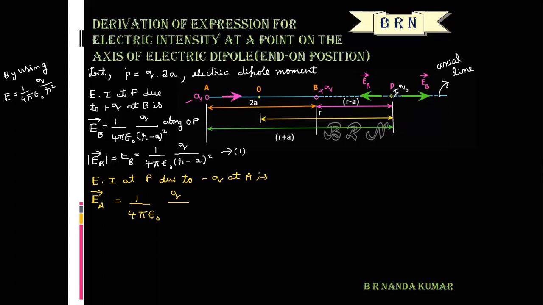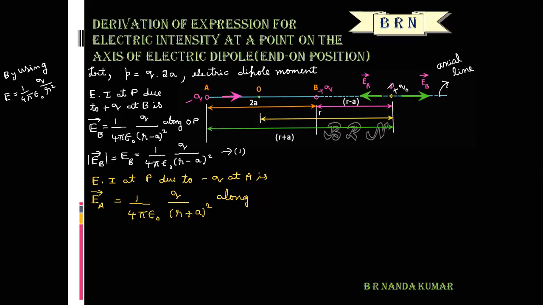The distance from observation point P to point charge is r plus a, so q divided by (r plus a) whole square. And this is along which direction? That is along PO. It is directed towards the center of the electric dipole.